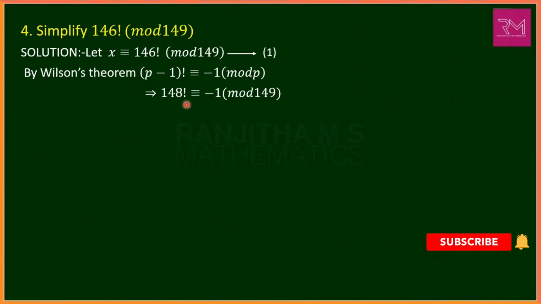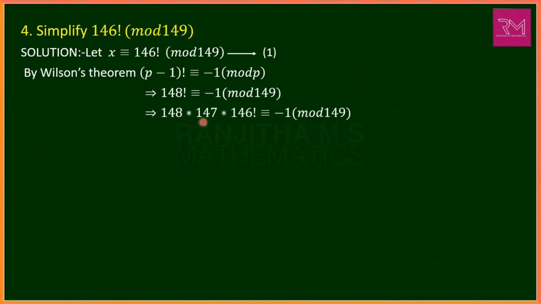So to achieve this value as 146 factorial, as before, you can write this 148 factorial as 148 into 147 into 146 factorial, because n factorial is n into n minus 1 factorial. With the help of that factorial formula, we can write this as 148 into 147 into 146 factorial, which is congruent to minus 1 under modulo 149.